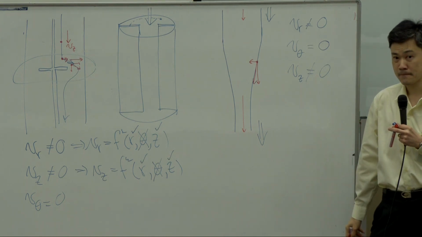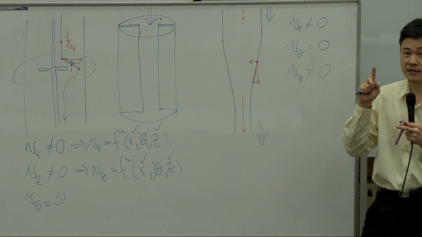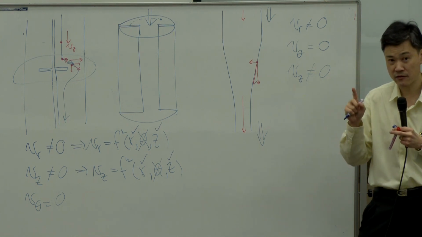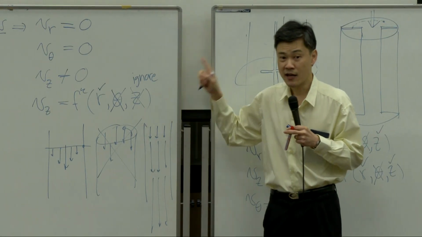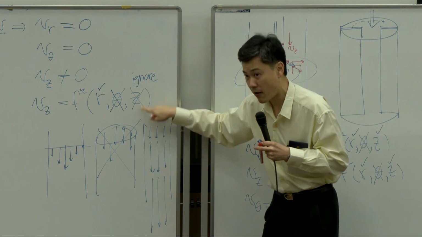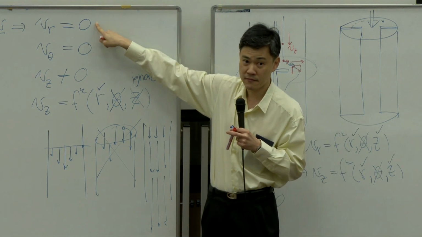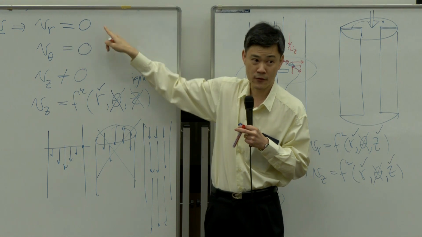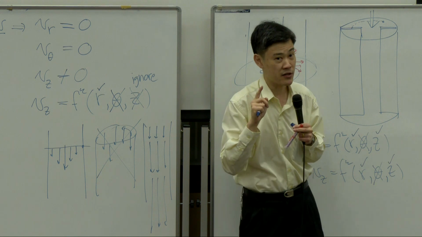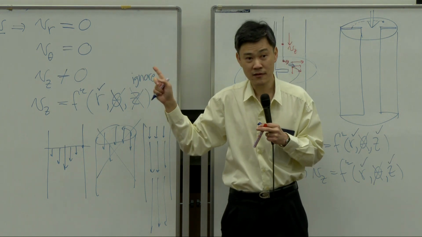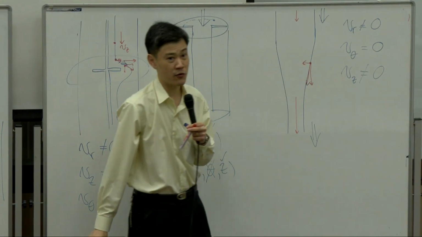Okay? So you see that the assumption that acceleration is neglected, this assumption, you ignore acceleration, not only does it affect this part, it also affects this part. So if you have to include acceleration in the calculation, you have to somehow include Vr not equal to 0 as well.